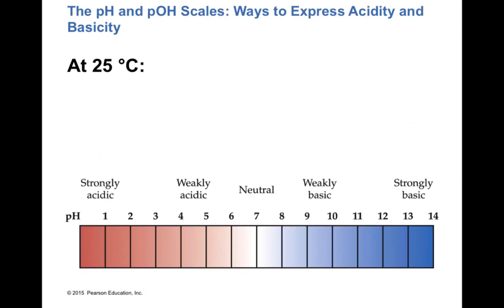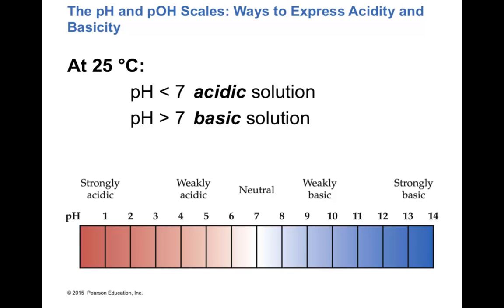Now, in a simpler way, we can use a scale that is known as the pH or pOH. This is a way to express acidity or basicity. If we have a pH lower than 7, the solution is going to be acidic. If the pH is higher than 7, it's going to be basic.